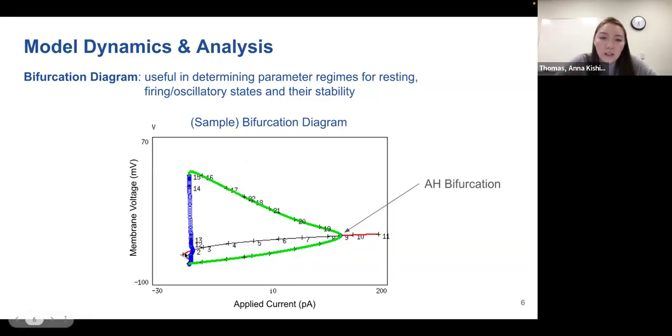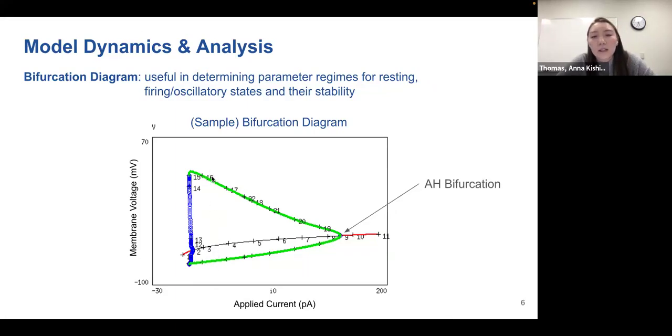But here in red, we see a stable, steady state. On the x-axis, we see the applied current, and on the y-axis, the membrane voltage. For some applied current within this red region, we would never see oscillations of the model. But if we start to bring the current up into the region where these green lines are, then the steady state, the state where the model does not fire, becomes unstable, and actually the model wants to fire or wants to oscillate.